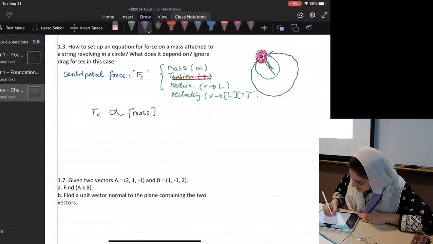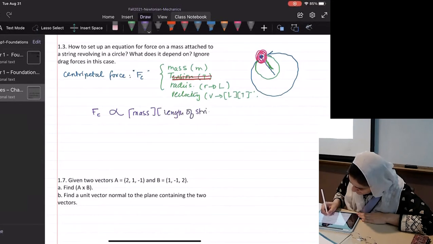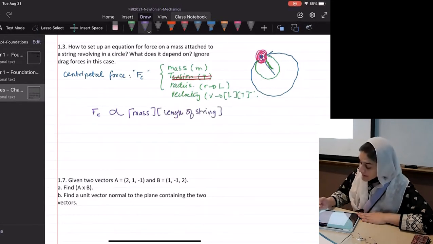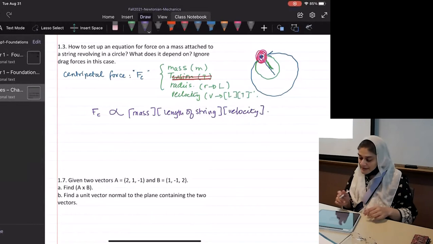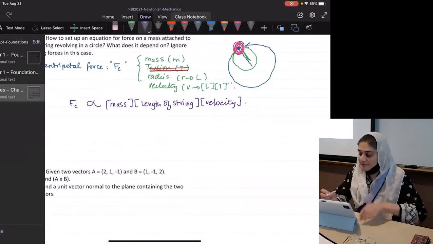It is proportional to radius. Oh, actually, no, not radius. It's proportional to the length of the string, right? And it is proportional to velocity. So now I'm going to write these.